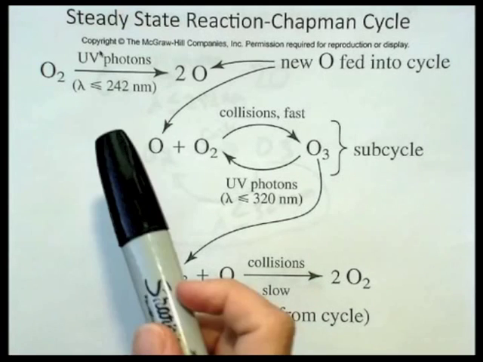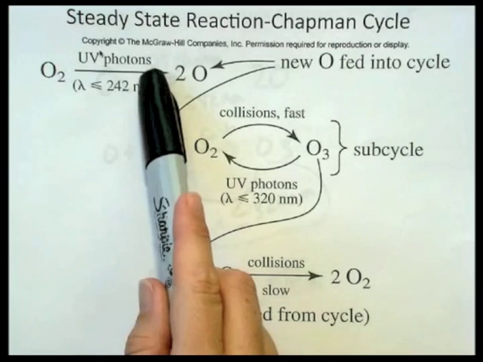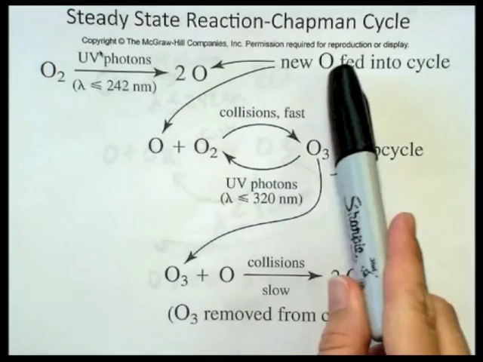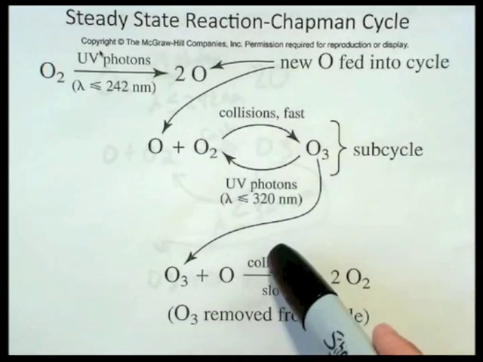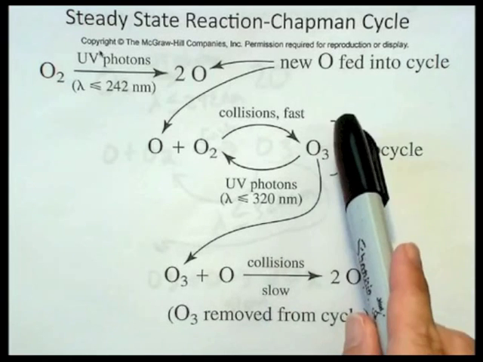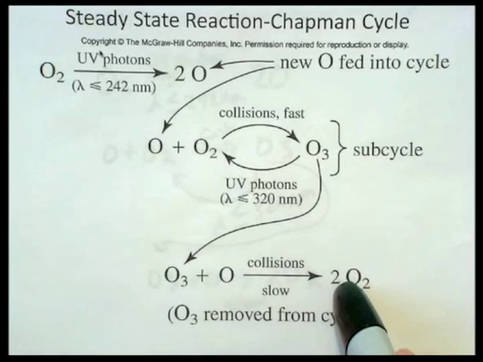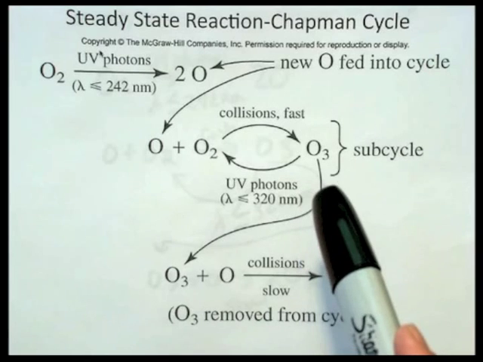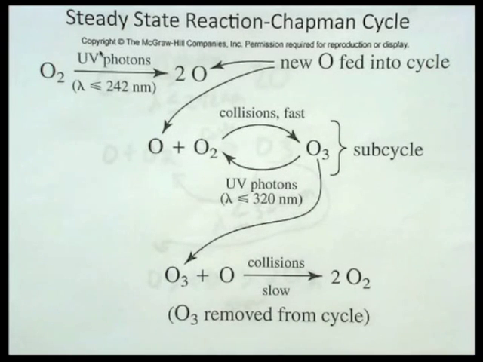But if you just take your time and read it, now you understand what the UV photons do, what it means that they can break the chemical bond, and what a collision fast and a collision slow reaction means, and that this is a little sub-cycle cycling around, and you start with oxygen and you end with oxygen. That's why the whole thing is called a cycle, and you have a sub-cycle within it. But anyway, if you take your time and just read through this and study it for 5 or 10 minutes, it'll probably start to make sense to you.